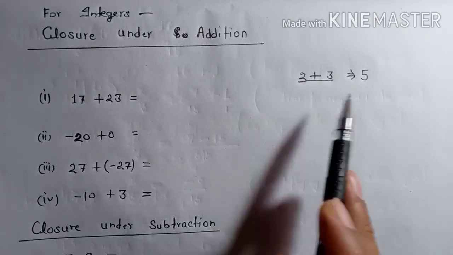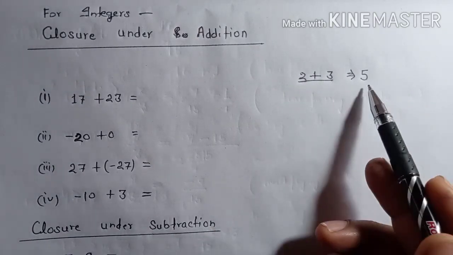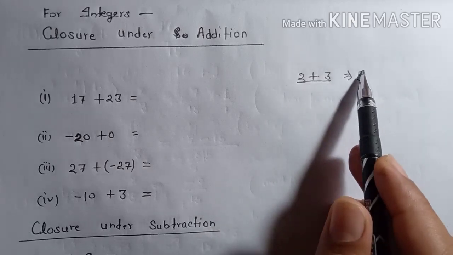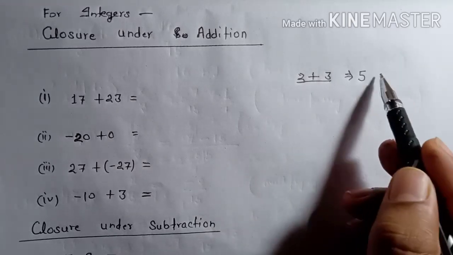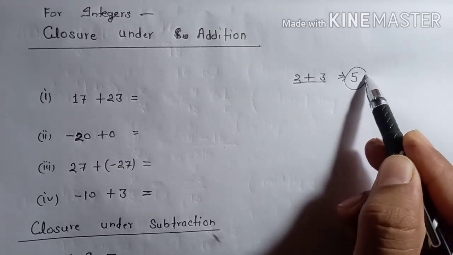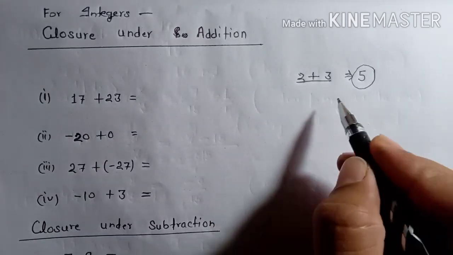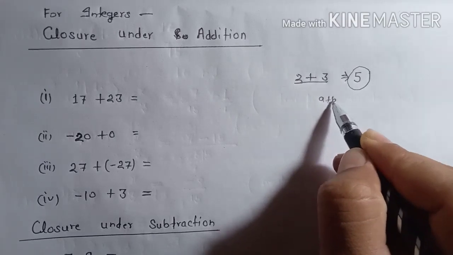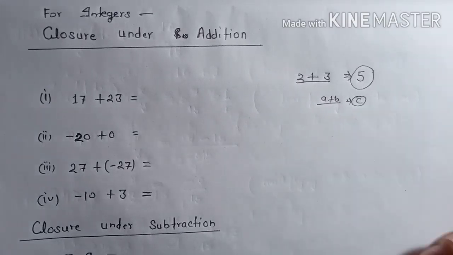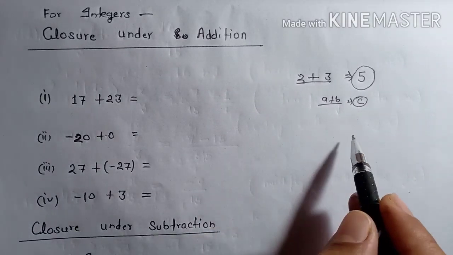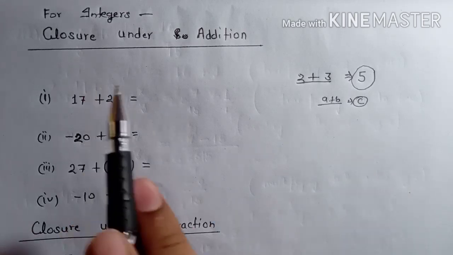Means addition of two whole numbers again gives another whole number, and obtaining the same type of number is the closure property. So the same property we are going to check for integers.